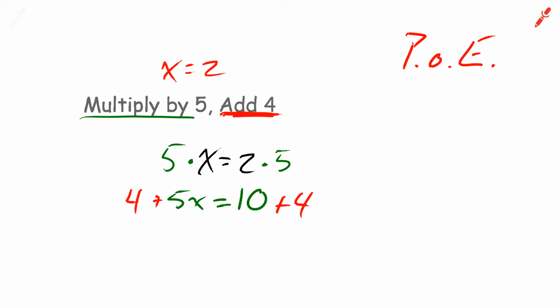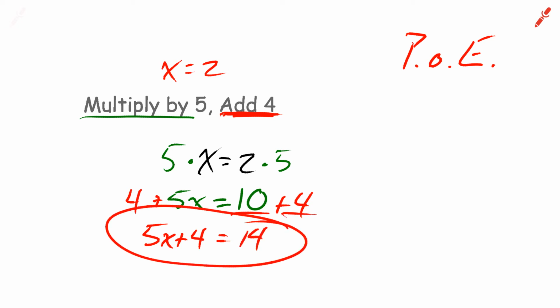I do have an addition property of equality that tells me I'm allowed to add it to both sides. So I simplify it. 4 plus 5x, they are not like terms, so I just rewrite it as 5x plus 4 equals 10 plus 4. Those are like terms. 10 plus 4 is 14. I've got my final equation.